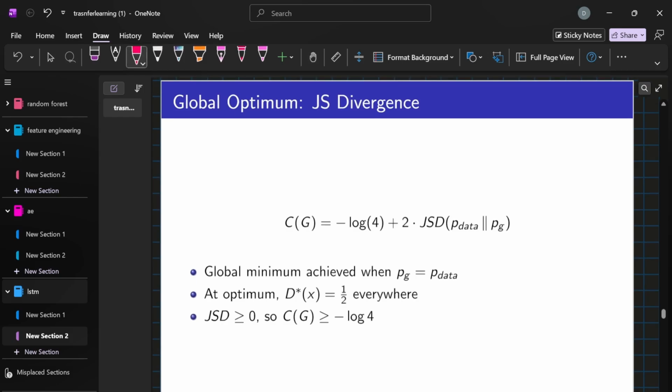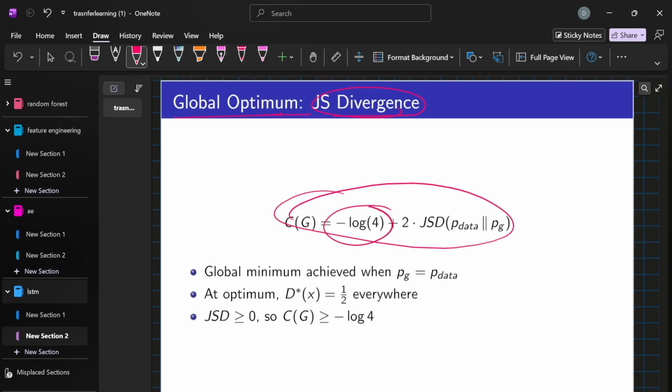Okay, now moving towards the global optimum and the JS divergence. If you substitute that optimal discriminator back into the objective, something elegant falls out. The cost function becomes C(G) equal to negative log 4 plus 2 times the Jensen-Shannon divergence between p_data and p_g. The Jensen-Shannon divergence (JSD) is a way of measuring how different two probability distributions are.